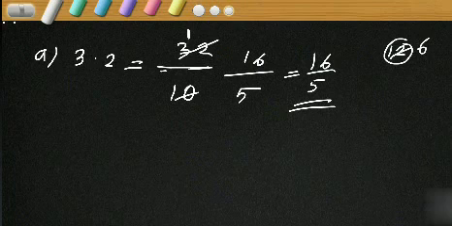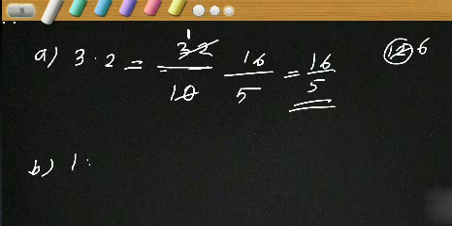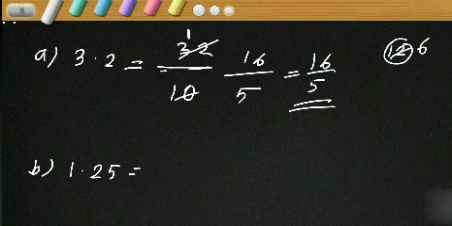Okay, next decimal is 1.25. B, the question is 1.25. How to convert 1.25 into a fraction? First step, remove the decimal point from the given decimal number. So it becomes 125.